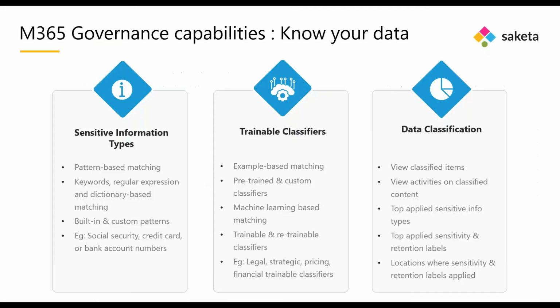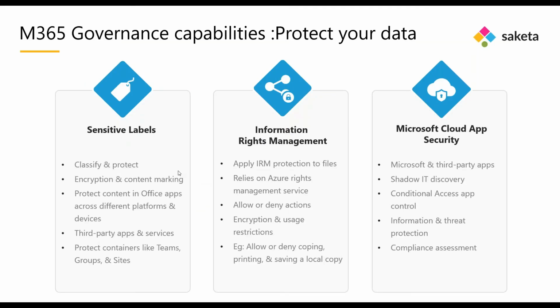Now, if we go to protect your data capabilities, the first option available here is sensitivity label. A sensitivity label helps us classify our data and apply protection on it. It provides protection capabilities such as encryption, content marking, and access restrictions, such as what authorized users can do and what we want to restrict, like view or read only.